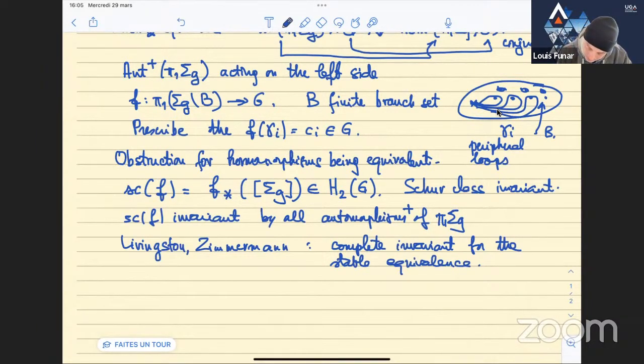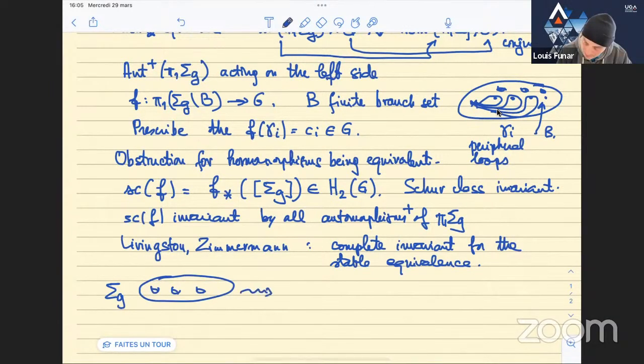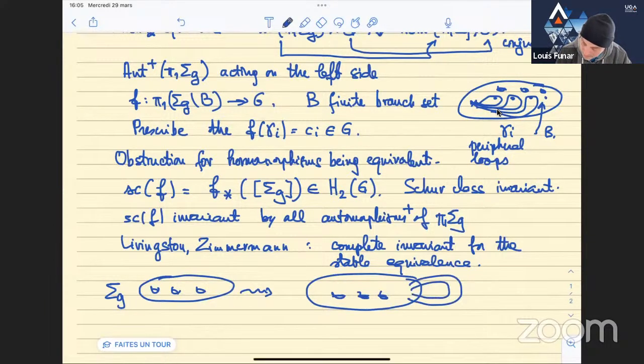I'm taking a surface sigma g, genus g, and now I'm changing it by adding one handle. So I'm adding one more handle, transforming it into sigma g plus 1.